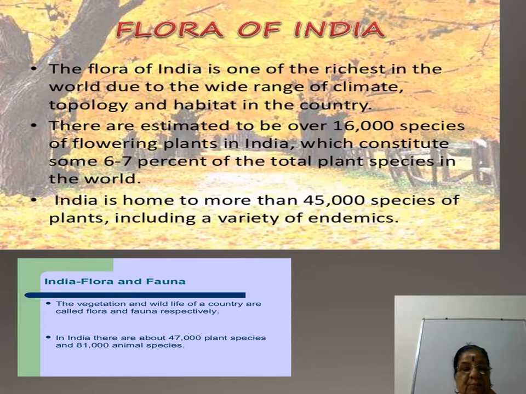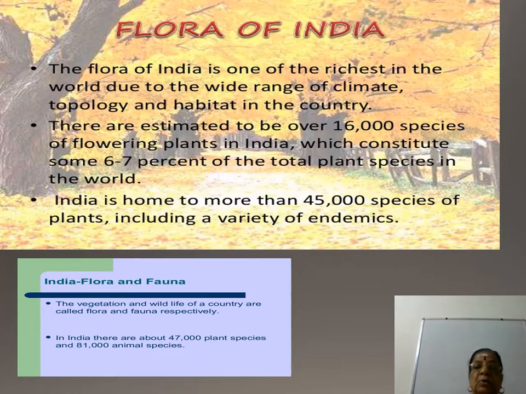The flora of India is one of the richest in the world due to the wide range of climate, topology and habitat in the country. There are estimated to be 16,000 species of flowering plants. This is flowering plants; overall there are 47,000 plants. These 16,000 flowering plants constitute some 67% of the total species in the world.